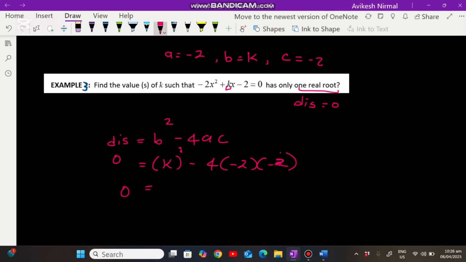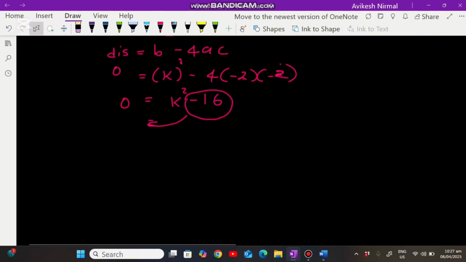Solving for k, this becomes k squared minus 4 times 2 times 2, which is 16, so negative 16, and this is equal to 0. Taking the negative 16 to the other side, it becomes a positive 16 and k squared.